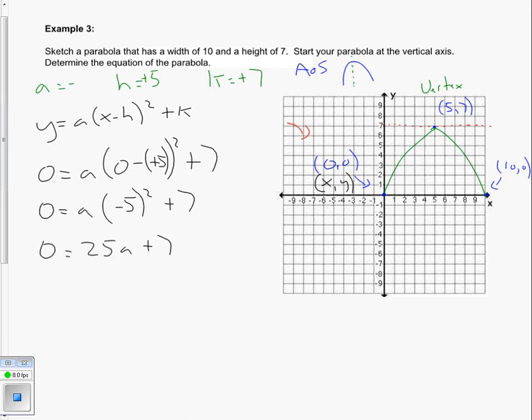Okay, so now what I need to do is I need to get this a value all by itself. So what I'm going to do is start off by subtracting 7 from both sides, because the opposite of positive 7 is negative 7. So 0 minus 7 is negative 7. And positive 7 minus 7 is 0. So I'm just left with 25a.